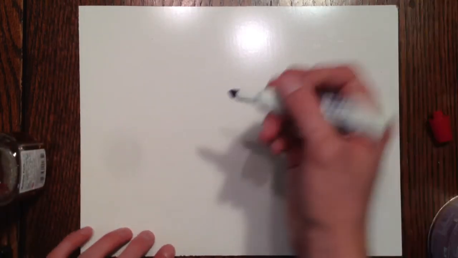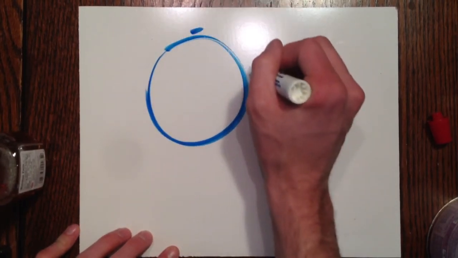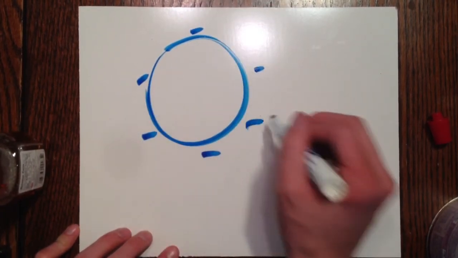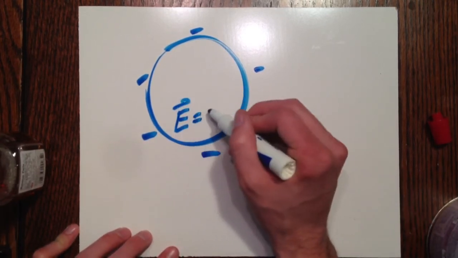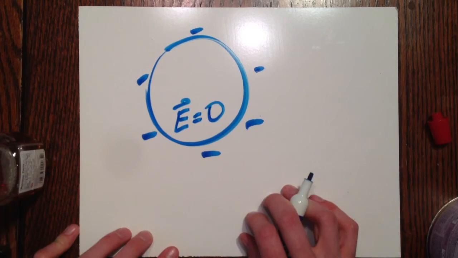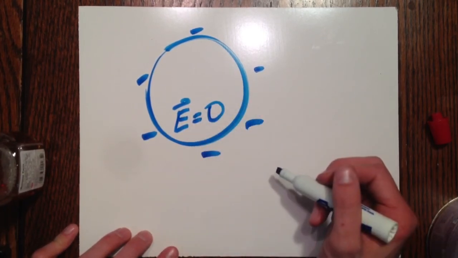Now, another thing that's kind of groovy: our metal sphere where I had charge all on the outside. We said that inside, the electric field is 0. What's not 0 is the voltage.